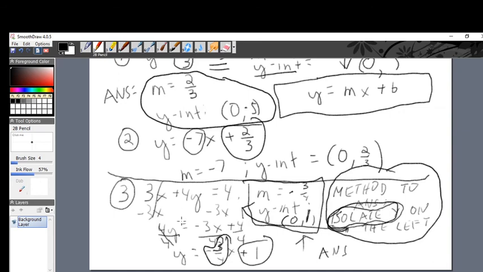Then we got 4y, and we divided by 4 throughout. We got y equals negative 3/4 x, and then 4 divided by 4 is 1, so the y-intercept is 0, 1. Here is our answer.